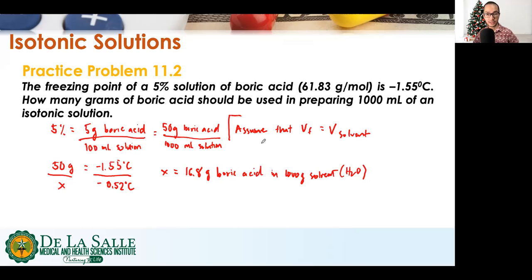However, we are assuming that the volume of the solvent is the same as the volume of the solution. So this will be our final answer: there will be 16.8 grams of boric acid in 1,000 milliliters of the isotonic solution.